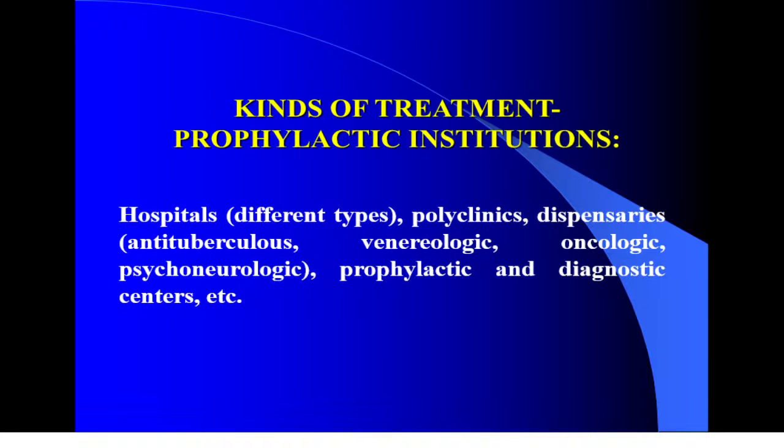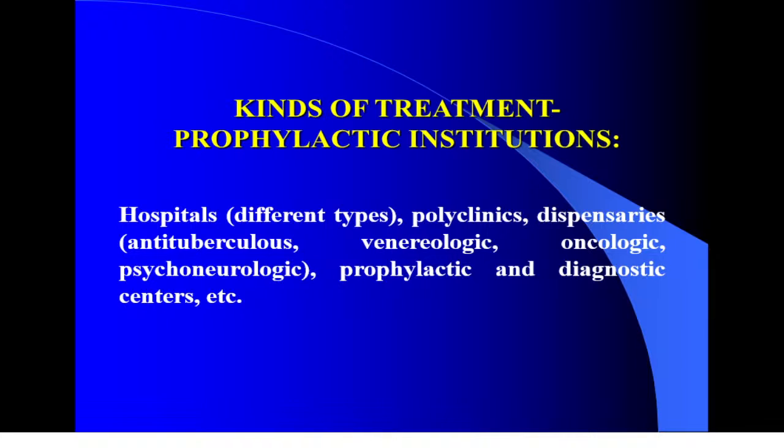It may be polyclinics. It's also a medical institution: polyclinics, dispensaries. In our country, we have different types of dispensaries: antituberculosis, venereologic, oncologic, psychoneurologic, and prophylactic and diagnostic centers.